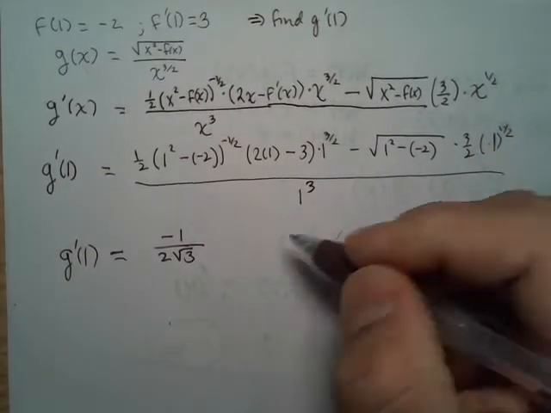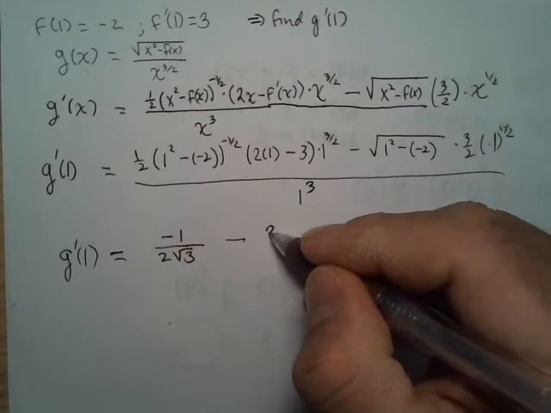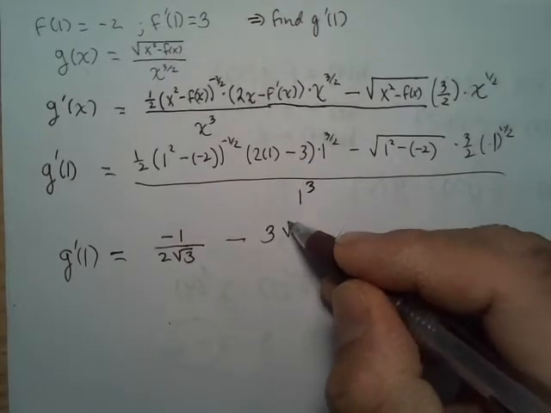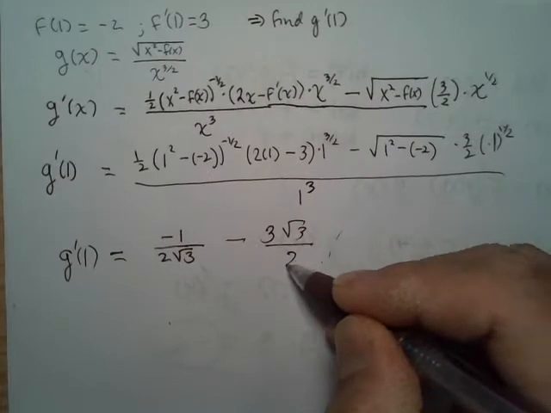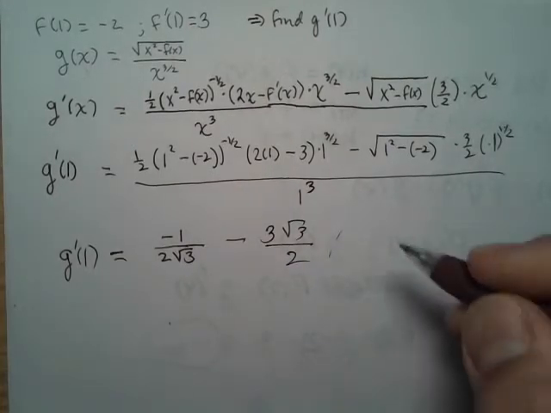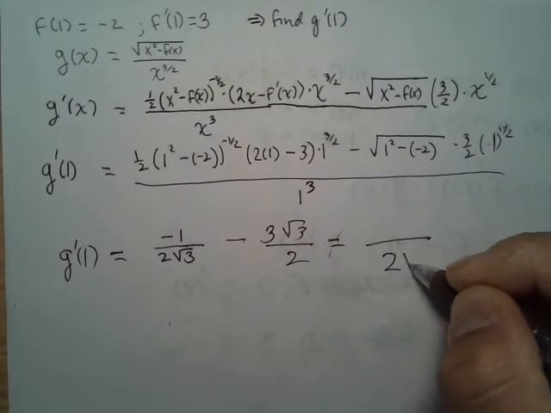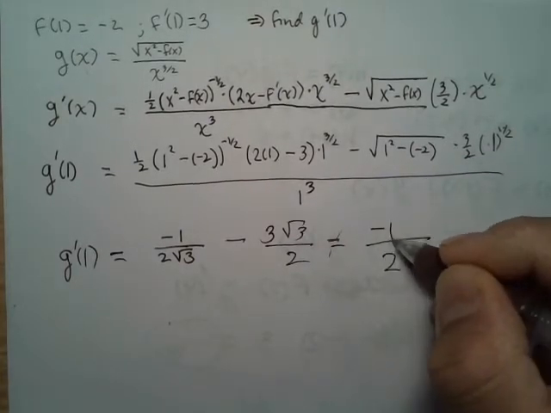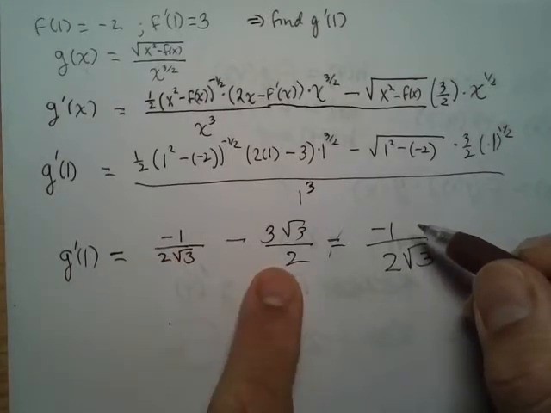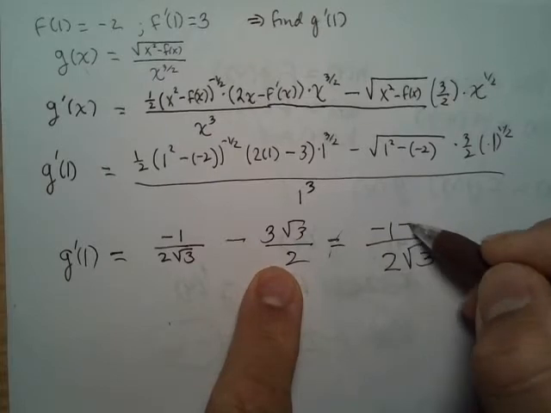Okay, and then over here we'll have root 3. We'll have a 3 root 3 over 2. All right, and getting a common denominator here being 2 root 3. So that already has the common denominator. This one we multiply by root 3, which gives us 9.